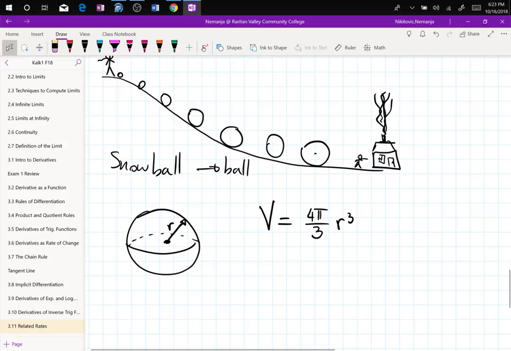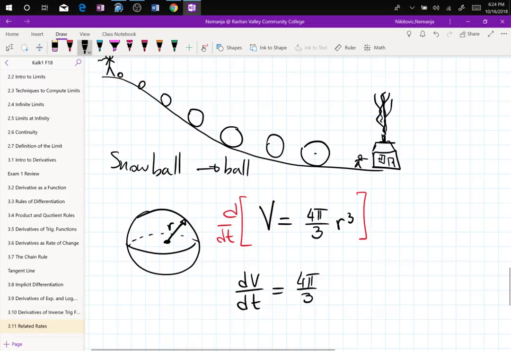So we have the volume for the ball, and then we take the time derivative of it to create the related rates. So the derivative of V is 1, and we have dV dt because we took the derivative of V with respect to time, t. Then we have our 4 pi over 3, times 3r squared, times dr dt.